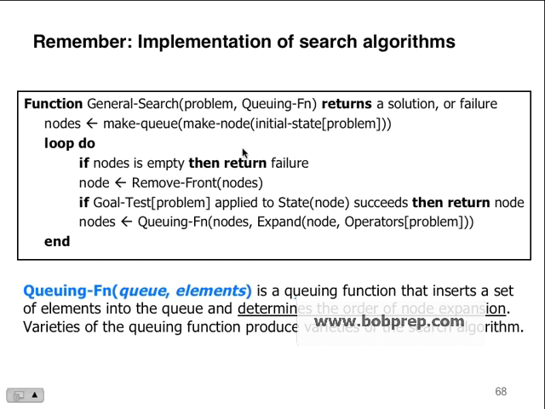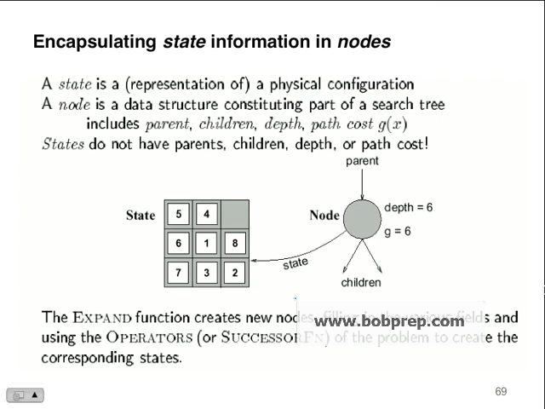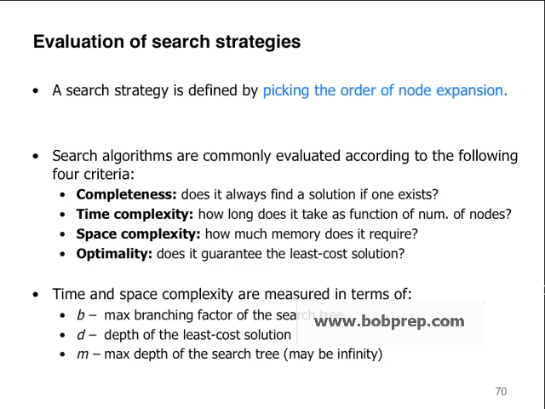So, remembering the implementation of search algorithms and going back to this little pseudocode I talked about here, we have that queuing function. We're looking at inserting elements, and we're looking at queuing and determining the order of the node expansion in terms of our problem solution. So encapsulating state information into the nodes, this is basically a repeat of the slide I was showing you a few minutes ago.